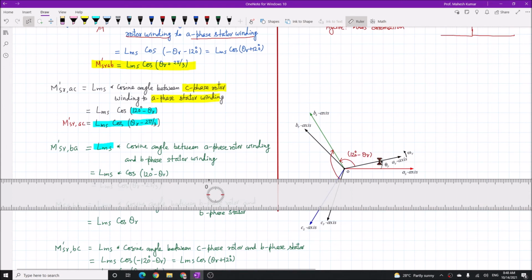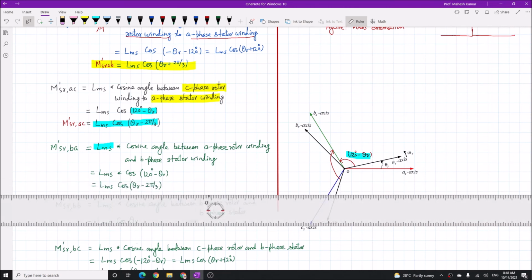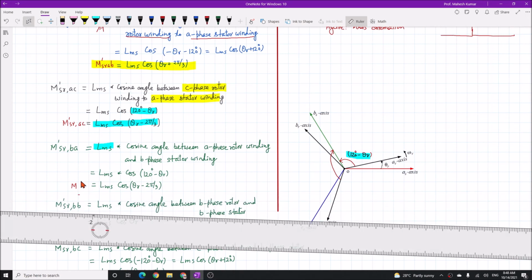A phase rotor is here and B phase stator is here. So this angle, which can be written as theta r minus 2 pi by 3. So this is actually MSR dash BA.